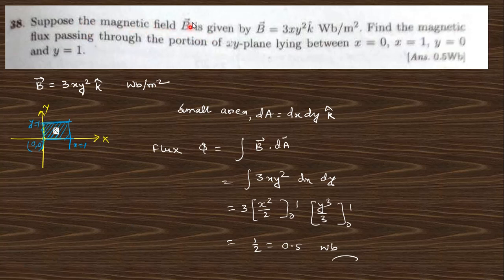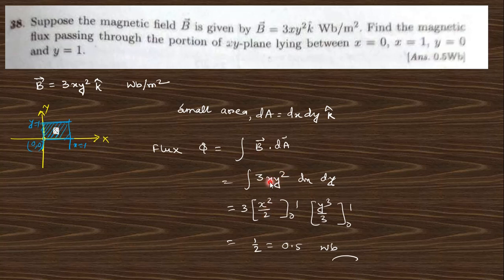Suppose the magnetic field B is given by this. This is the magnetic field which changes with x and y. Find the magnetic flux passing through this portion lying in the xy plane, from x equal to 0 to x equal to 1, and y equal to 0 to y equal to 1. So in this area you need to find the flux. Since this magnetic field changes with x and y, the magnetic flux will be the integral of B dot dA, where dA is the area, that is dx into dy, and B will be like that.